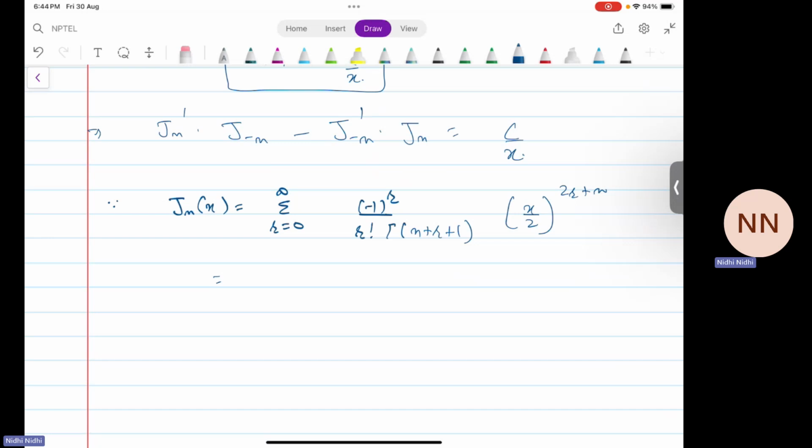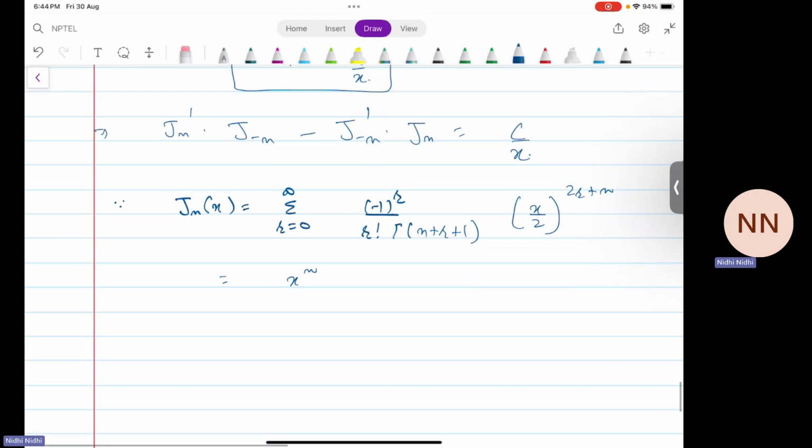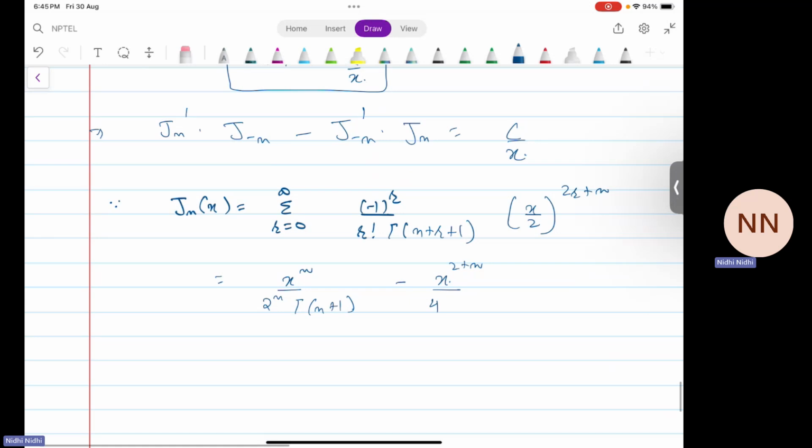So now if I expand this, we'll get x^n over 2^n Gamma(n+1) for r equals 0, minus x^(2+n) over 4 times Gamma(n+2).